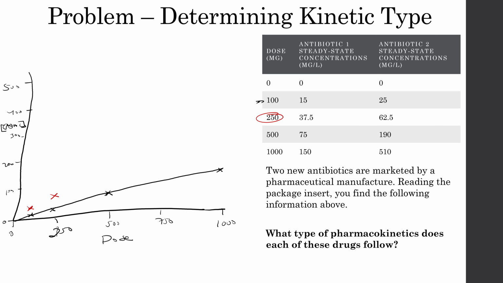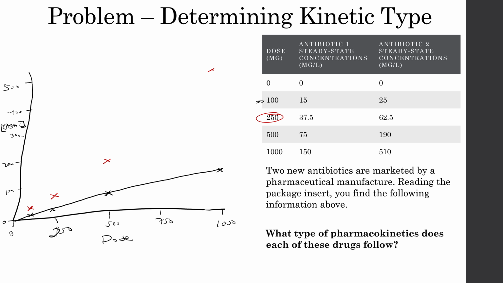And then at the dose of 500, we're looking at 190, which is up here. So going up rapidly. I apologize, I'm trying to fix my pen. I don't know why it keeps pulling that up on me. And then 510 for the last dose at 1,000.